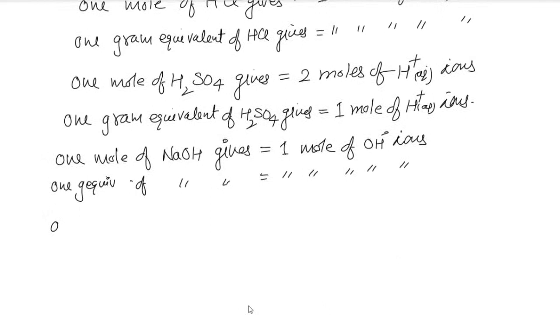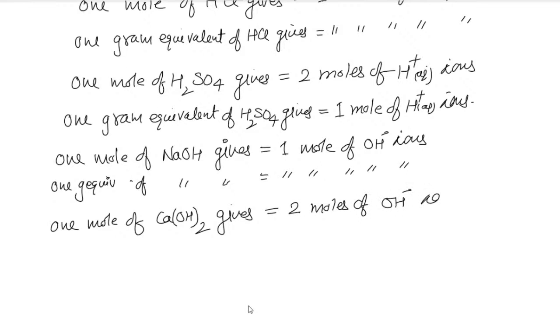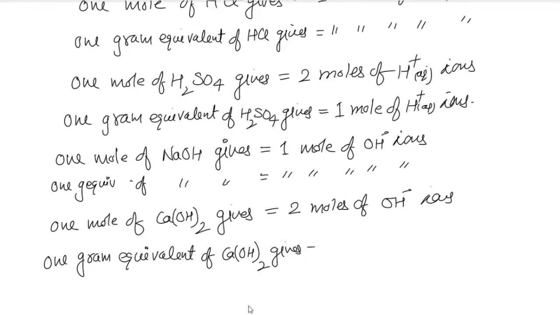But if we have 1 mole of calcium hydroxide, then it gives 2 moles of OH negative ions, but 1 gram equivalent of calcium hydroxide gives 1 mole of OH negative ions, right?